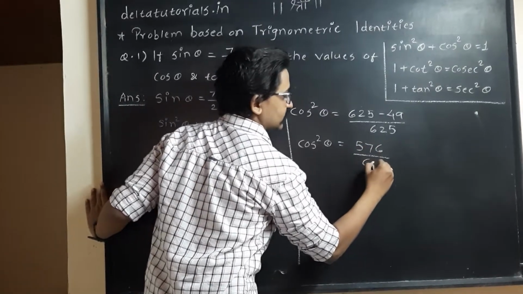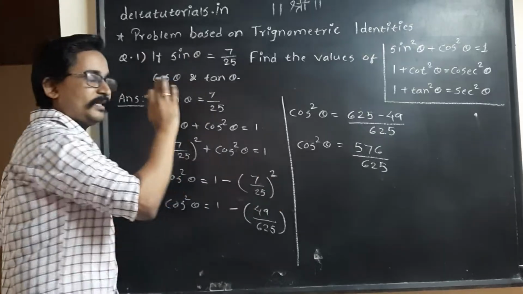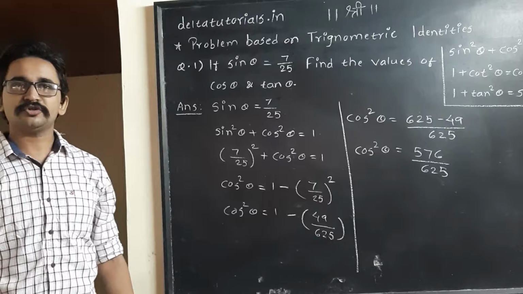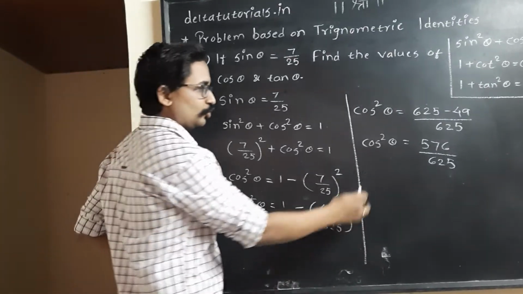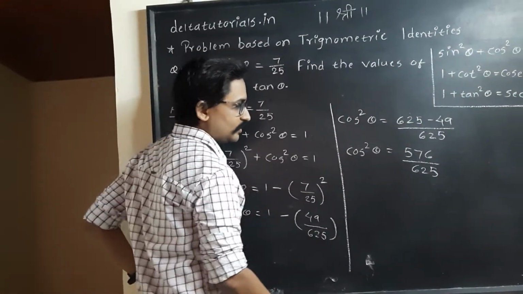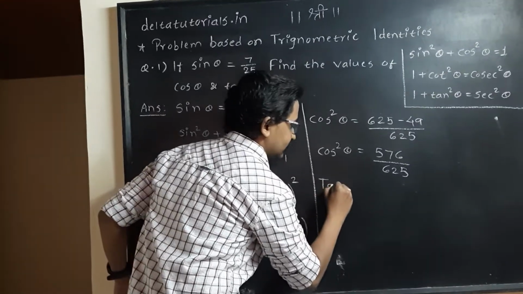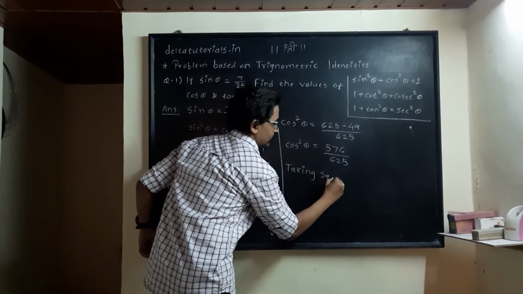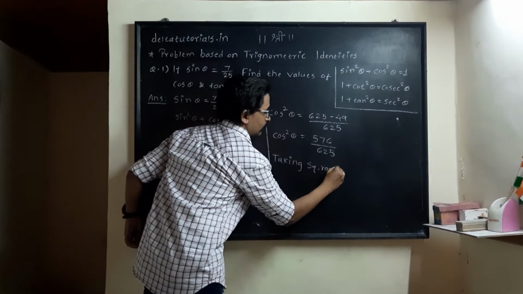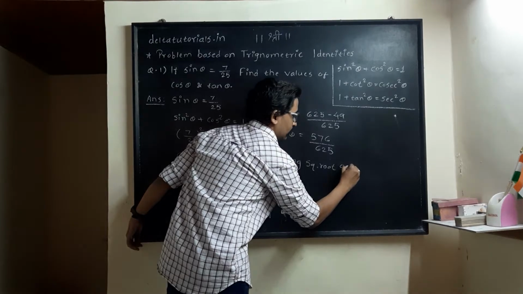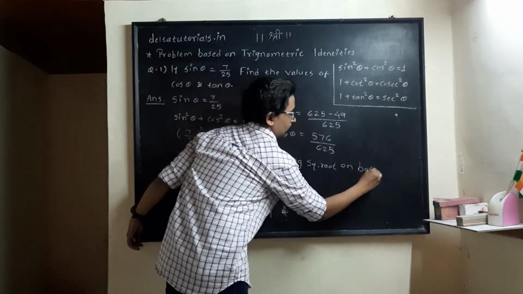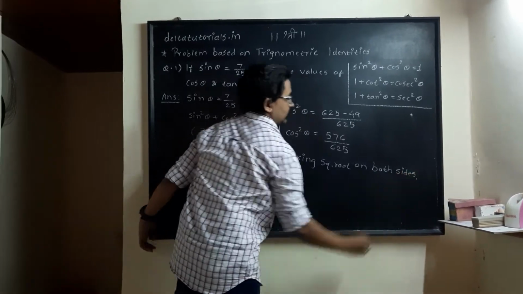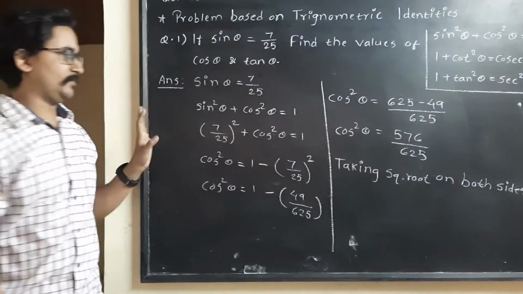576 upon 625. See, for solving these kinds of problems, squares of numbers from 1 to 30 should be memorized very properly. So now, taking the square root on both the sides, each and everything should be precisely mentioned.